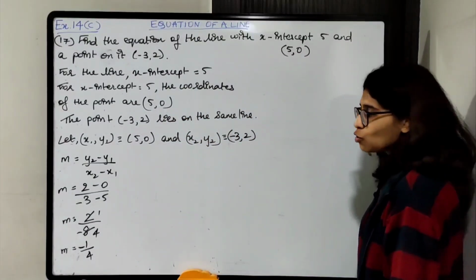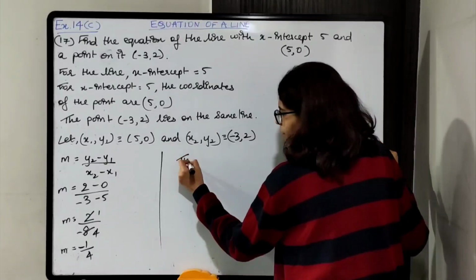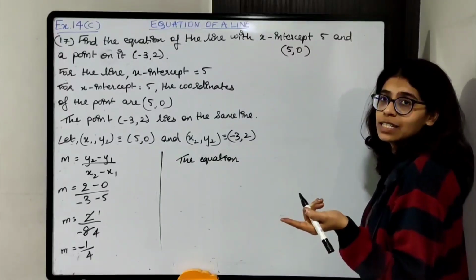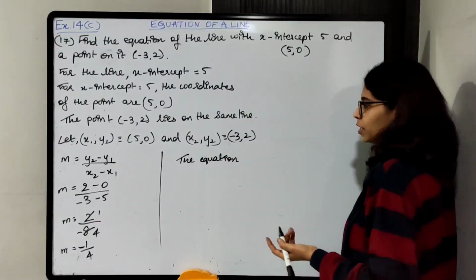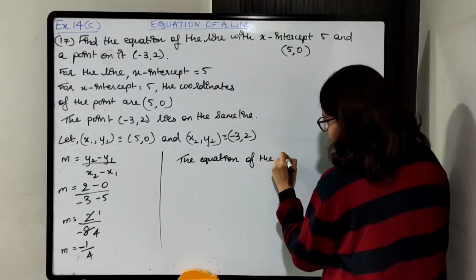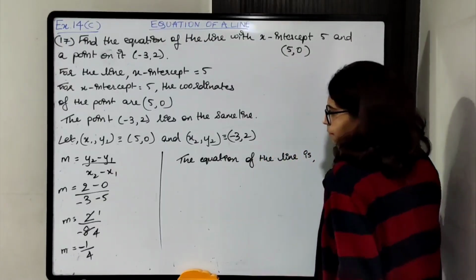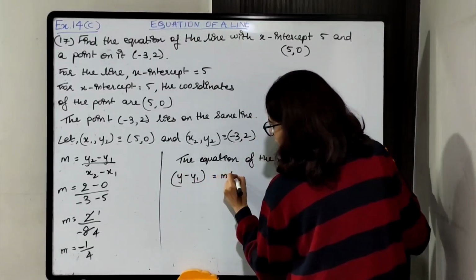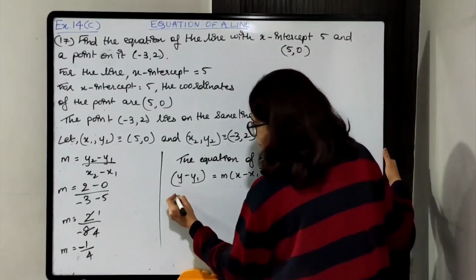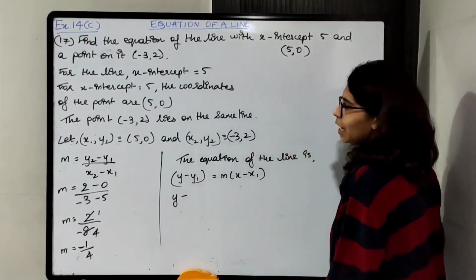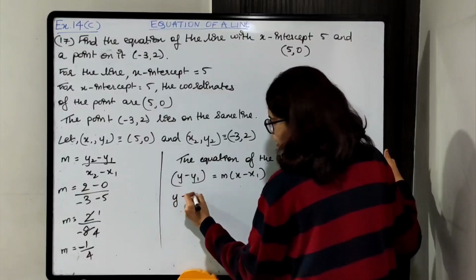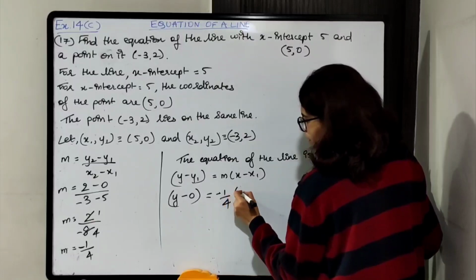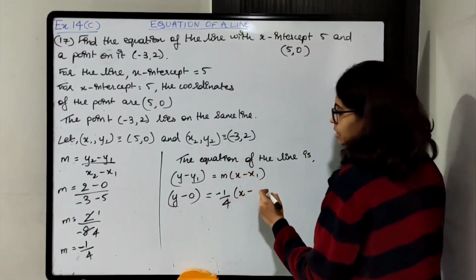Now we'll find out the equation of the line. The equation of the line, since 2 points का coordinates दिया हुआ है, using 2 points form. Okay, it is y minus y1 equals to m into x minus x1. y as it is, y1 क्या है, y1 is 0, sorry 0 है, m minus 1 upon 4 है, x as it is, x1 is 5.